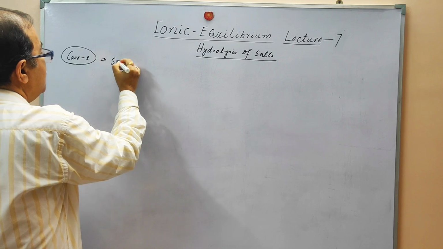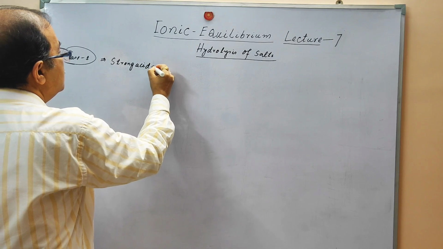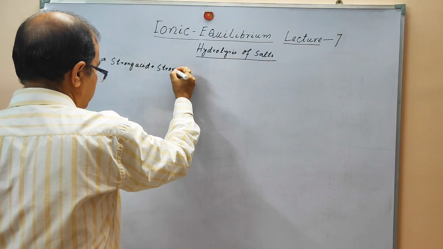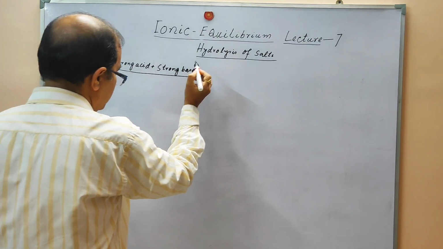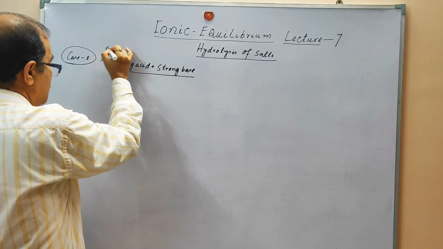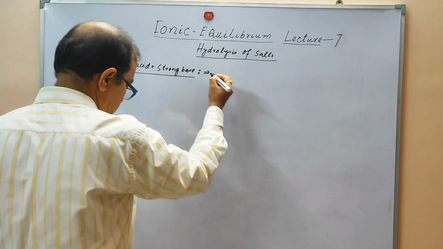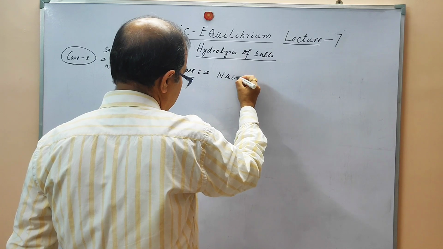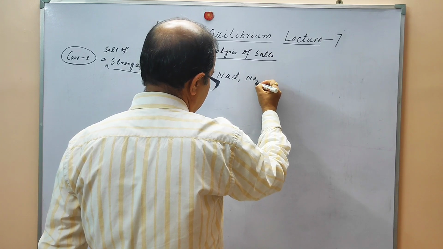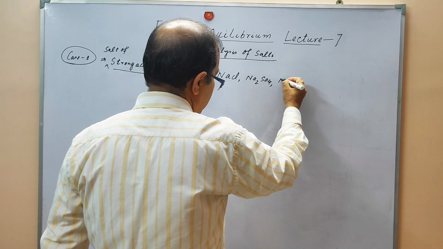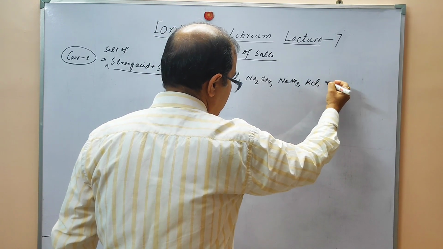that is strong acid plus strong base. You can write the salt of strong acid and strong base, and its examples are NaCl, which is produced from the strong acid and strong base, then Na2SO4, then NaNO3, KCl, KNO3.